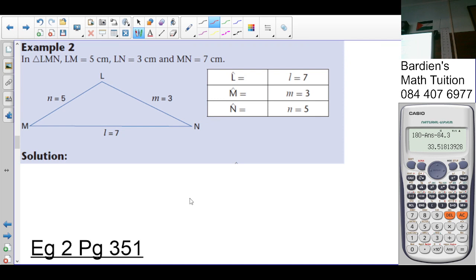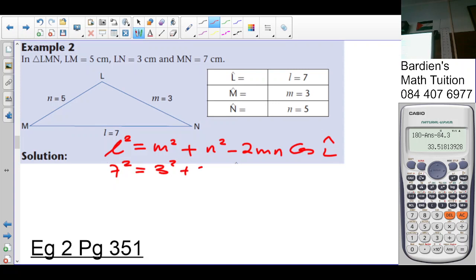We start with l squared is equal to m squared plus n squared minus 2mn cos of angle L. So it's going to be 7 squared is equal to 3 squared plus 5 squared minus 2 times 3 times 5 cos of angle L. So we're going to make cos of L the subject of the formula.